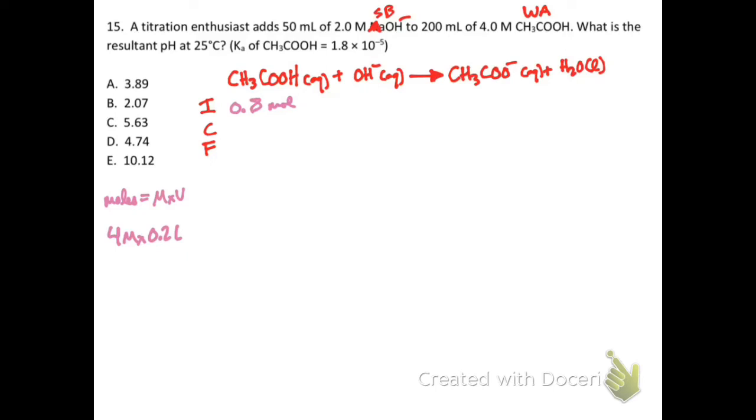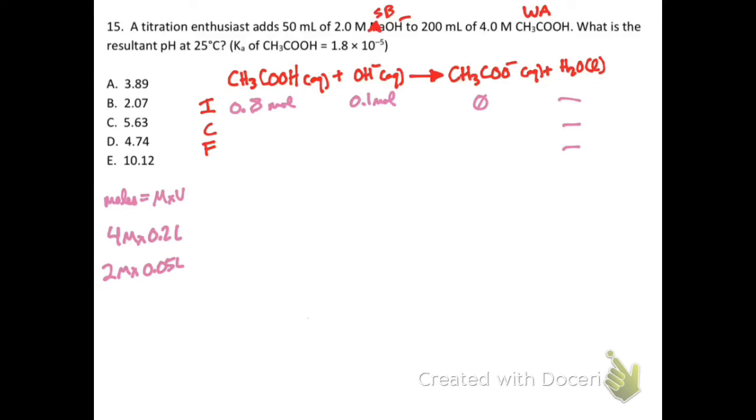We can do the same thing with the hydroxide. The hydroxide is 2 molar and 0.05 liters, which will give us 0.1 mole of this. We're starting off with 0 acetate, and for water, well, classic, we don't care, we love it.